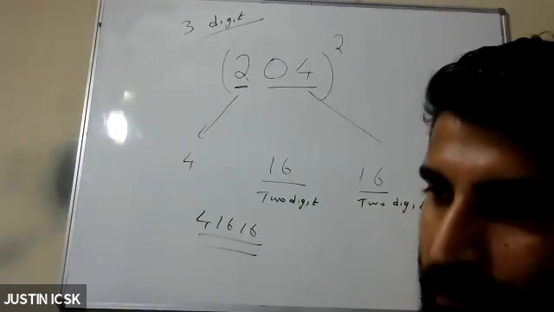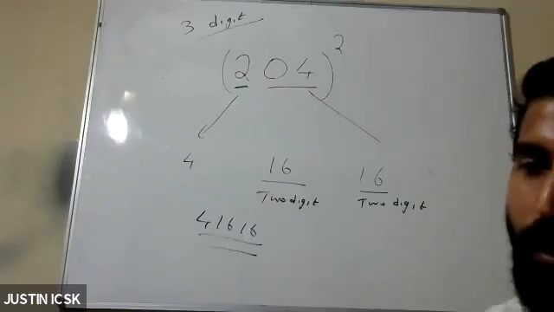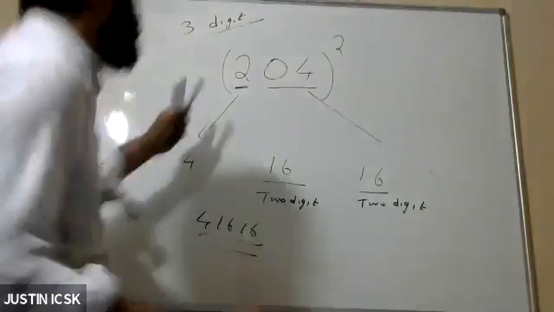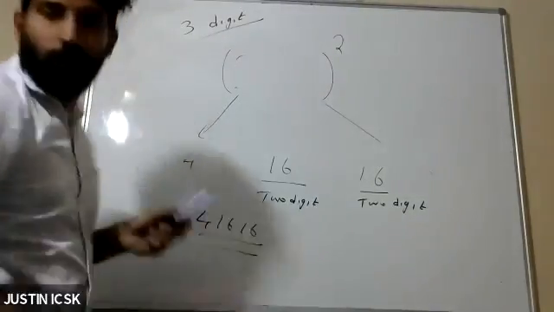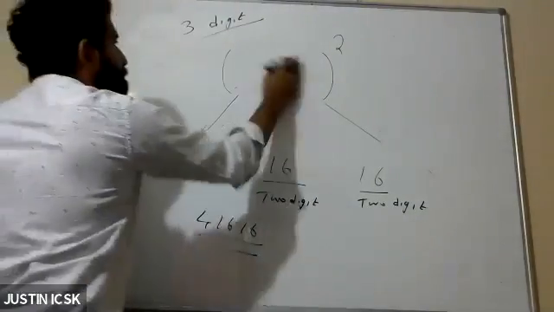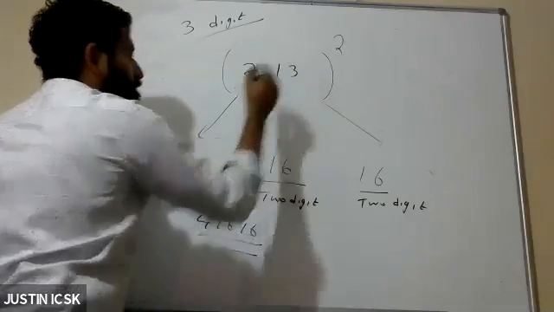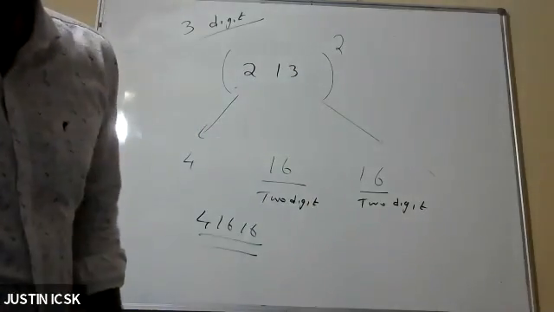Since we are on 3 digits, one more we'll do, then we'll do the rest next class. We'll do one more number: 213, for understanding your carrying step.